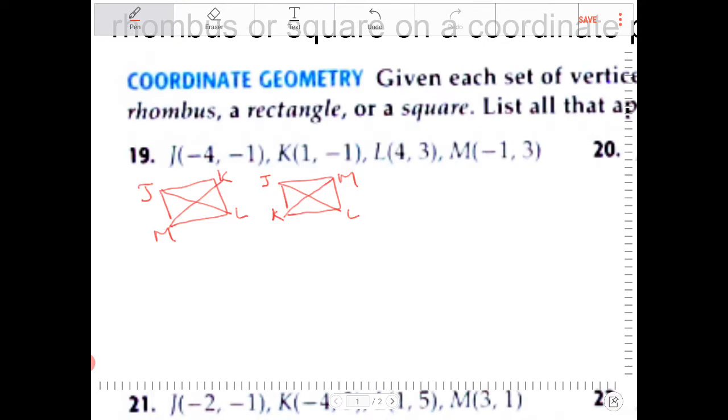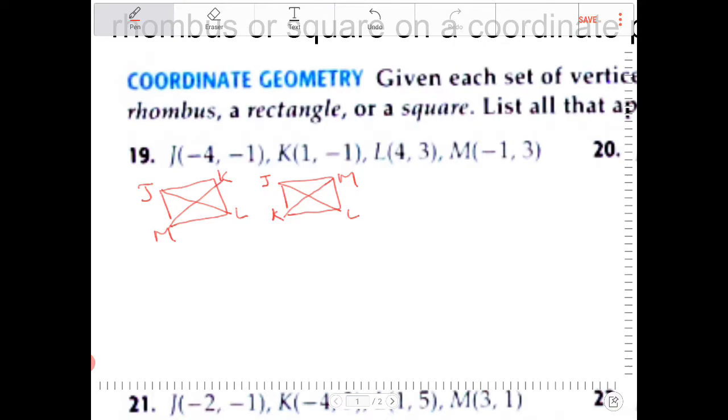With that understanding, we now have a clearer sense of which points form the diagonals and which points form the sides. I'm going to work with the diagonals because, in my opinion, that is the quickest way of determining whether it is a rectangle, square, or rhombus.